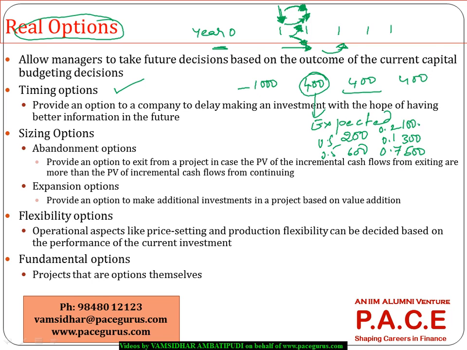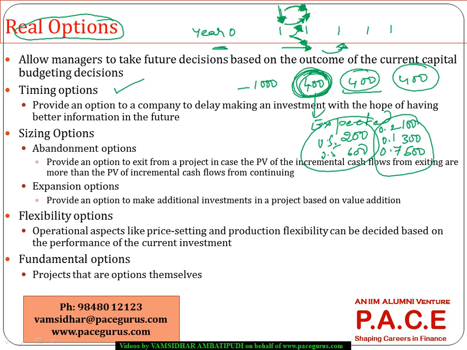Even this will work out to 400 as the average itself. So what we are simply saying is, these are not the defined kind of cash flows that I am going to get. There is an uncertainty in each of these cash flows which can be modeled through this kind of behavior.